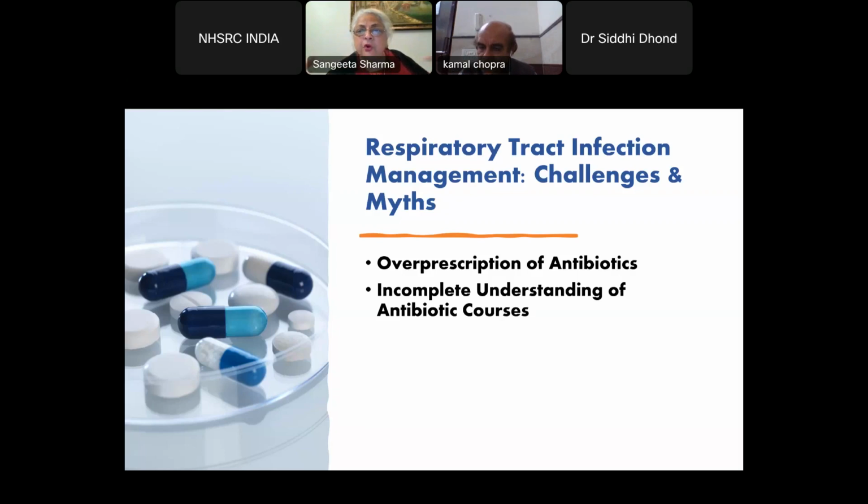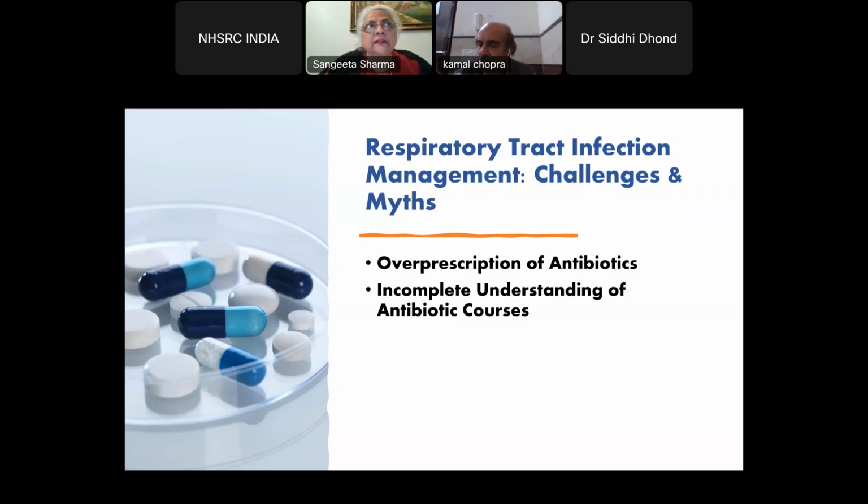But having known that 90% of upper respiratory tract infections are viral in nature, if we look at our prescriptions, we find exactly the opposite: 90% of our prescriptions have some antibiotic on some pretext or the other. Either we are not able to distinguish between viral and bacterial, or many think that yes, it is viral at present, but by giving an antibiotic I'm preventing a superadded or secondary infection.